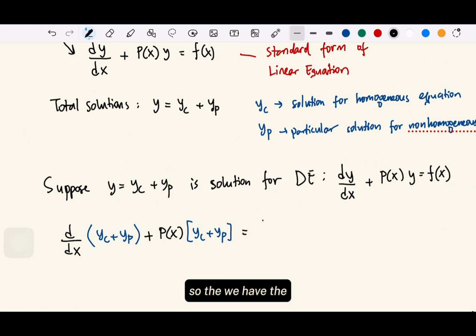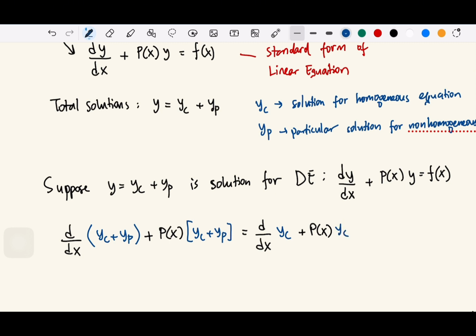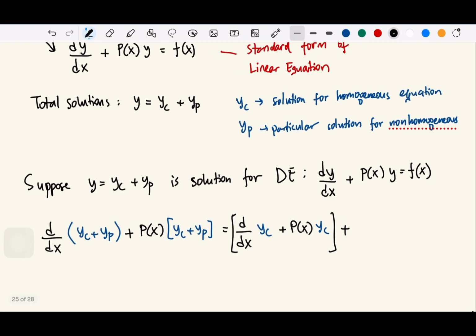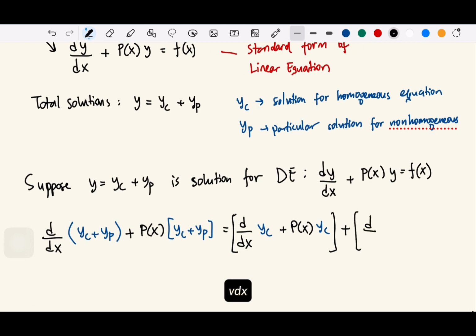So we have d/dx yc plus p of x yc, and then plus d/dx yp plus p of x yp.